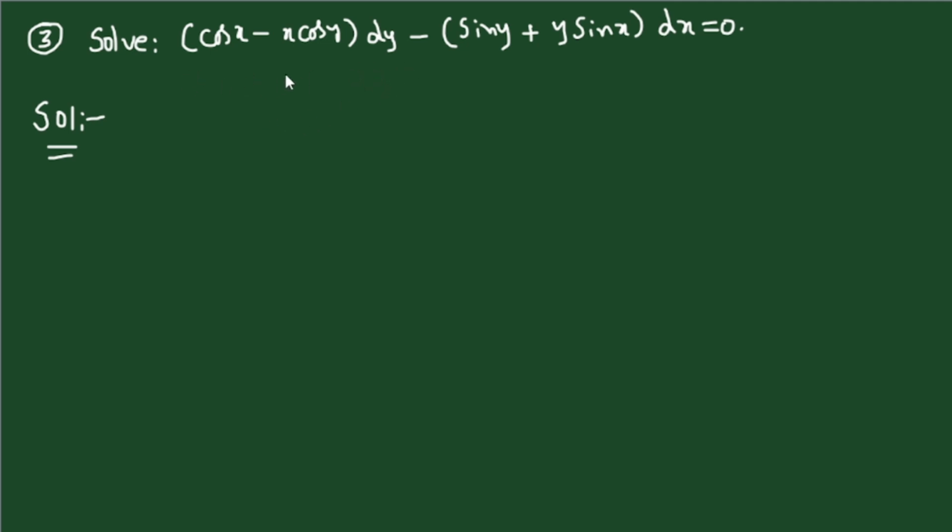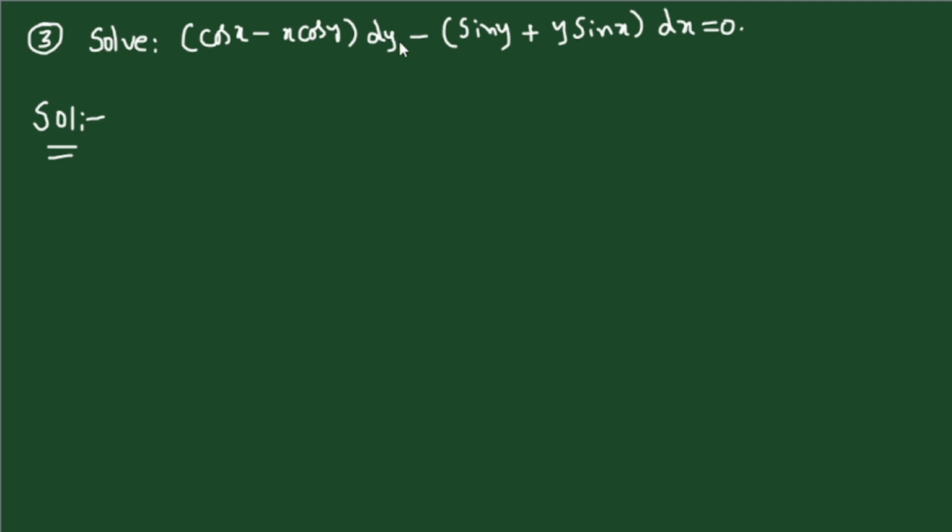you are given a function with dy here, and another function with dx. In a hurry, we make a common mistake: we consider this as m and this as n. That should not be done. Okay. So you should be careful in dealing with this kind of problems.